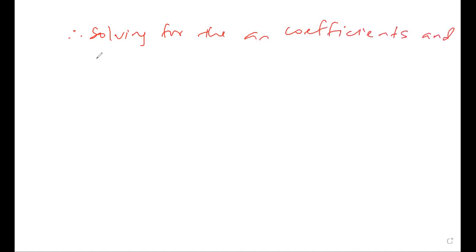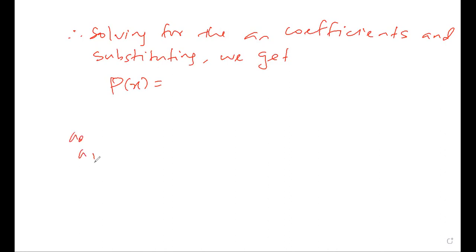So at last, solving for the an coefficients and substituting, we get, okay, now we have found the relation of the coefficients a0, a1, a2 up to an in terms of y0.